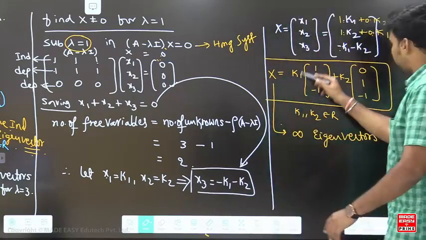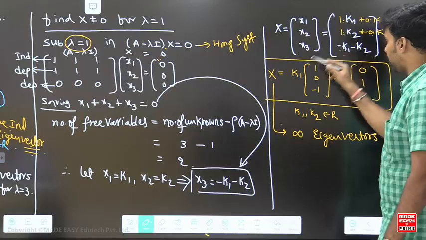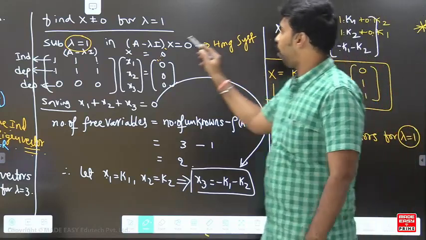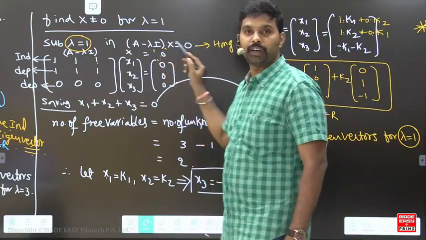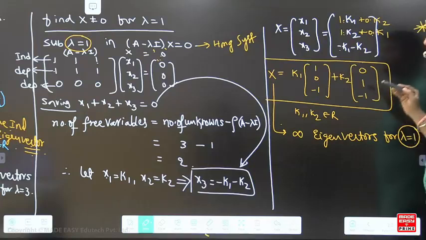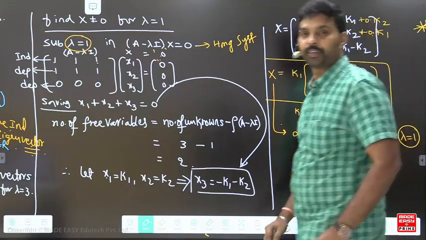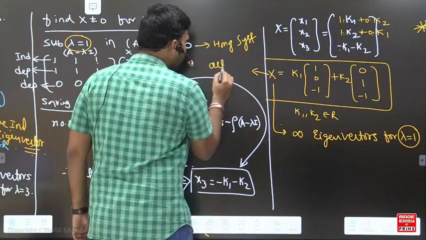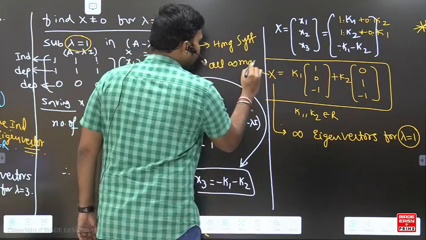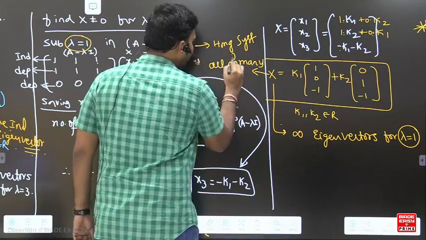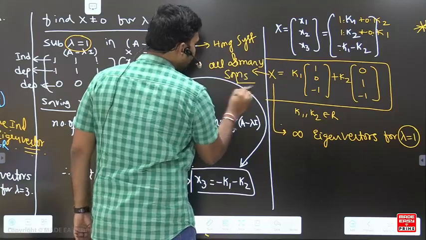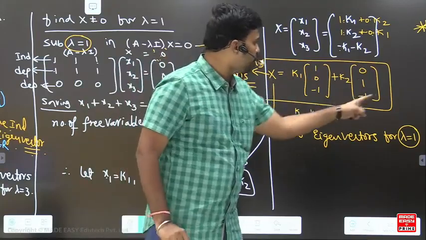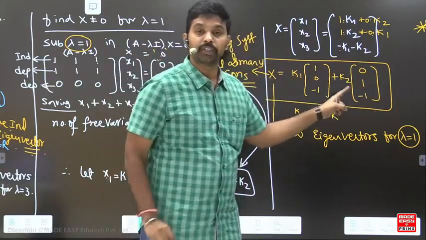Again, these are the infinitely many solutions of this homogeneous system. So then, how many of them are independent solutions? Here, this X is representing what? All the infinitely many solutions, है ना? This is giving you all the infinitely many solutions, correct?